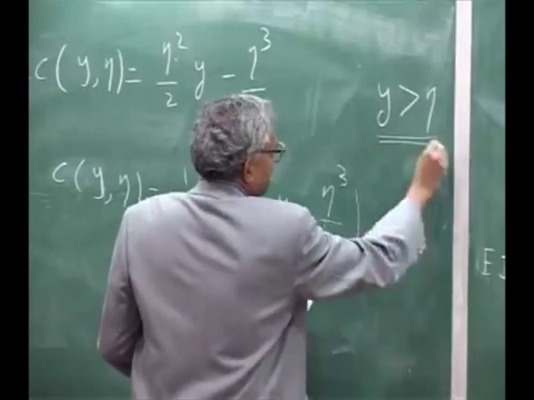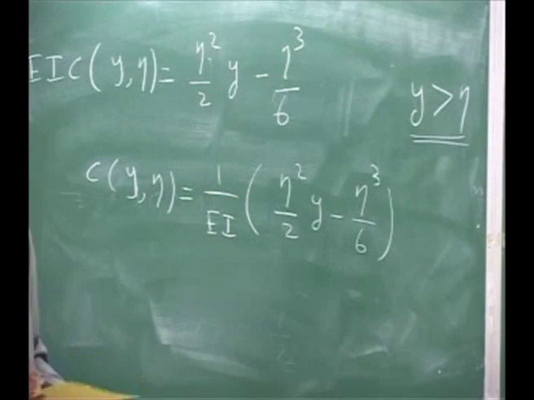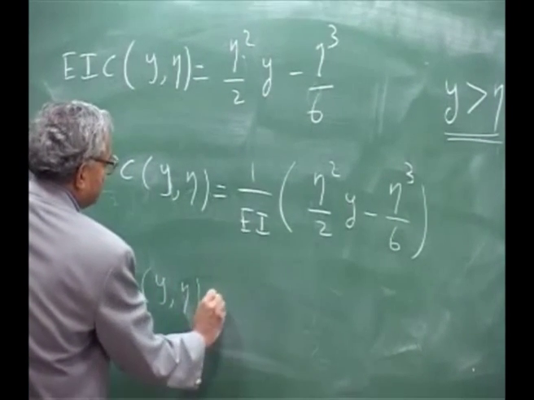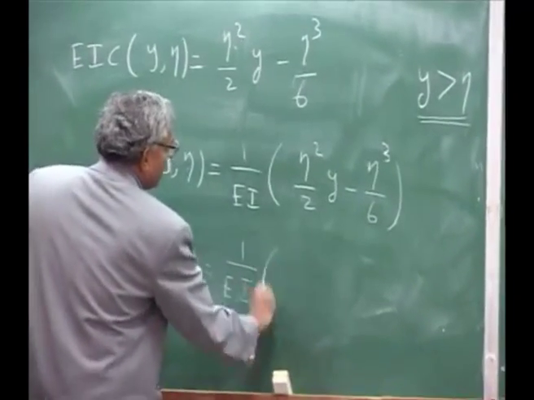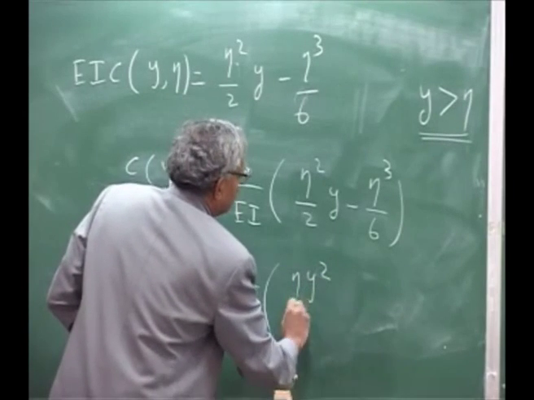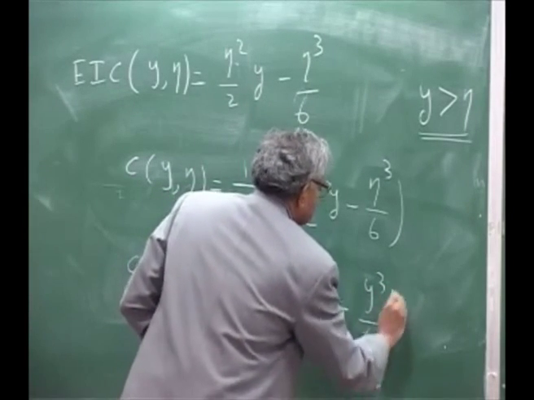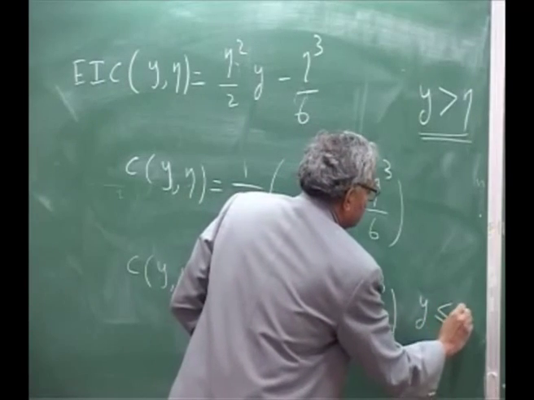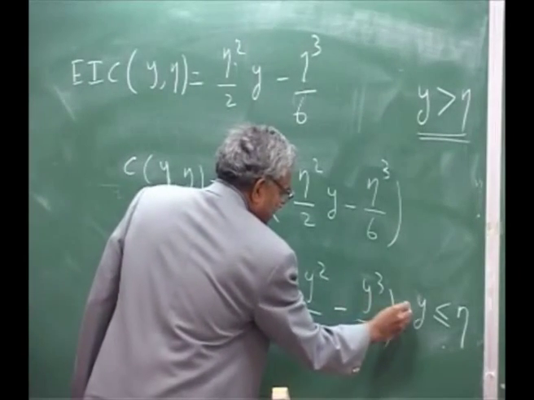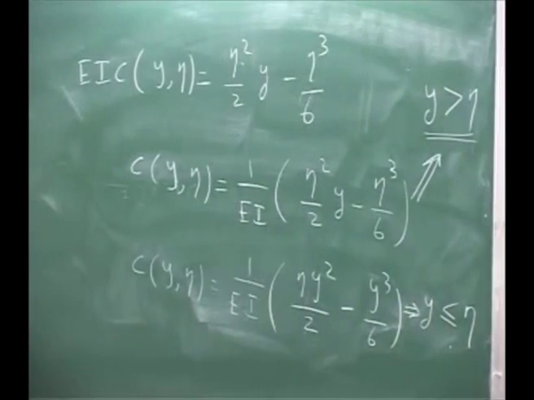This is for y greater than eta, and for y less than eta, this expression C y comma eta is 1 over EI, repeating the same thing, eta y square over 2 minus y cube over 6 for y less than or equal to eta. This is for this and this is for this.